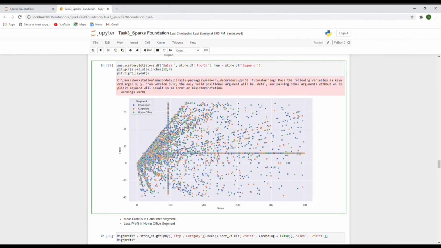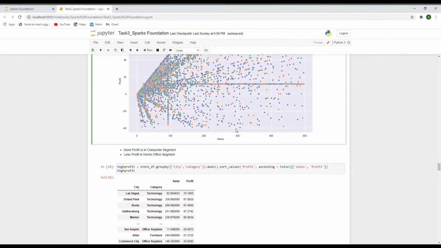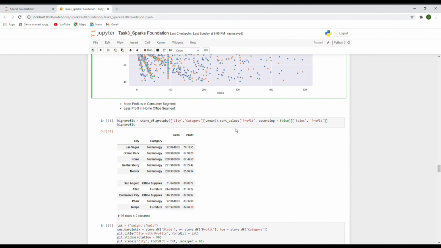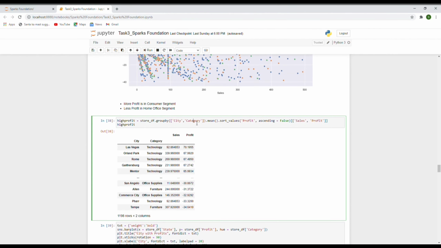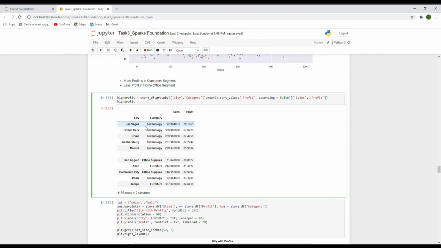And less profit comes under the home office segment, which is brown in color, right? And after that we have calculated the city and category wise in terms of profit, whereas Las Vegas has the highest sales and profit in terms of technology.